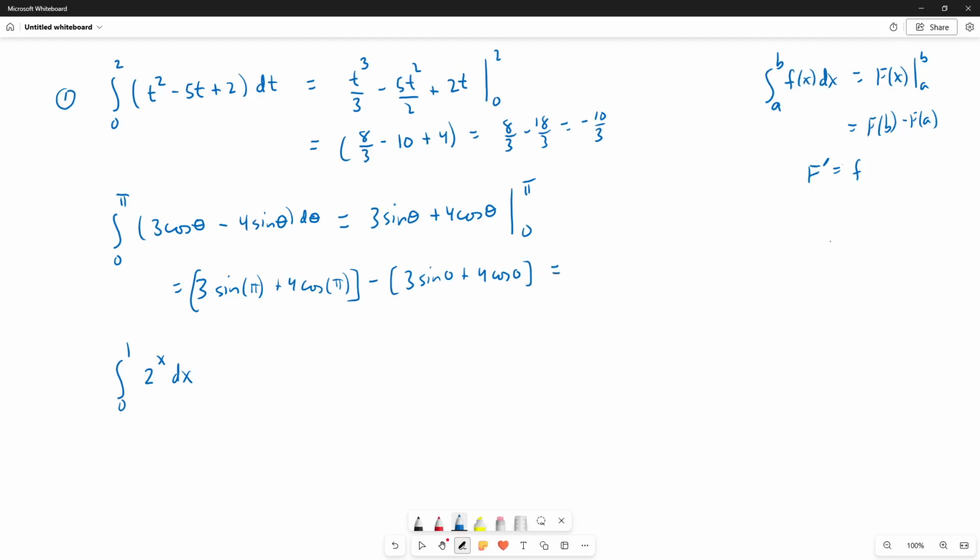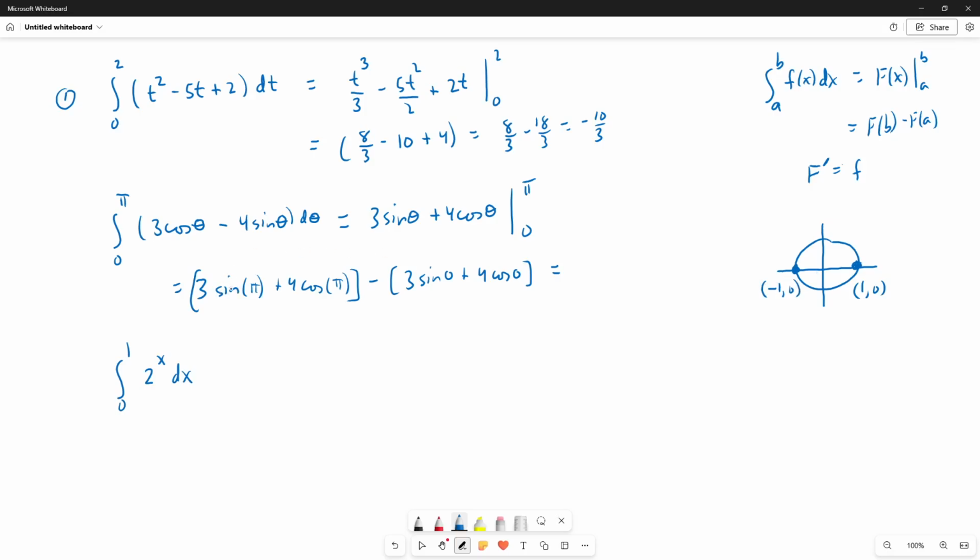And then on the unit circle, our angles are 0 and pi. Pi is 180 degrees. The coordinates of this point at theta equals 0 radians is 1, 0. And when theta is pi radians, this point on the unit circle is negative 1, 0.